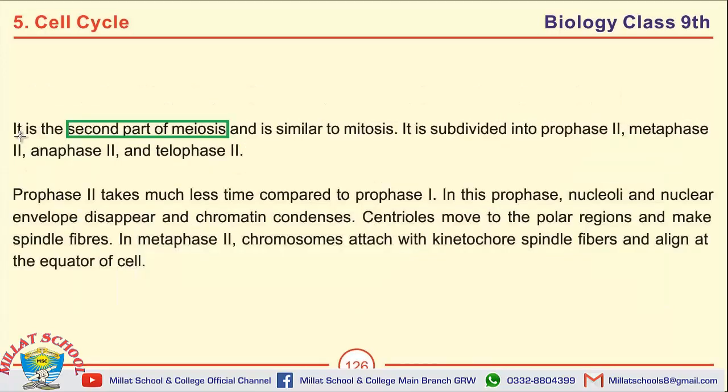The next question is, in how many phases meiosis 2 is divided? Meiosis 2 is divided into prophase 2, metaphase 2, anaphase 2 and telophase 2. The MCQs may be, prophase 2 takes much less time as compared to prophase 1, and the other one is, meiosis 2 is similar to mitosis.